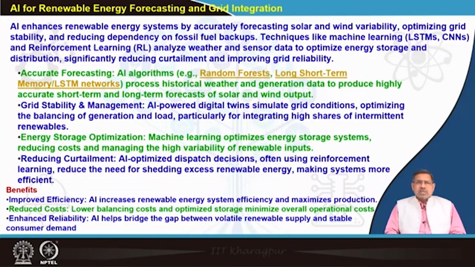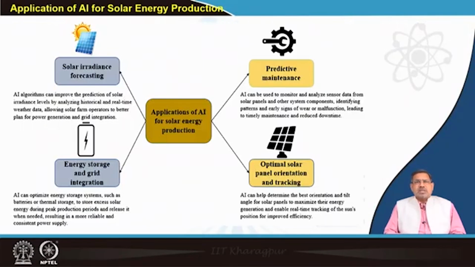The benefits are improvement in efficiency, and it also contributes towards cost reduction and reliability enhancement. Moving on to how it is exactly used in solar energy production, you can see the applications of AI for solar energy production covered by four things. The first one is solar irradiance forecasting. How much is the solar irradiance in a day?